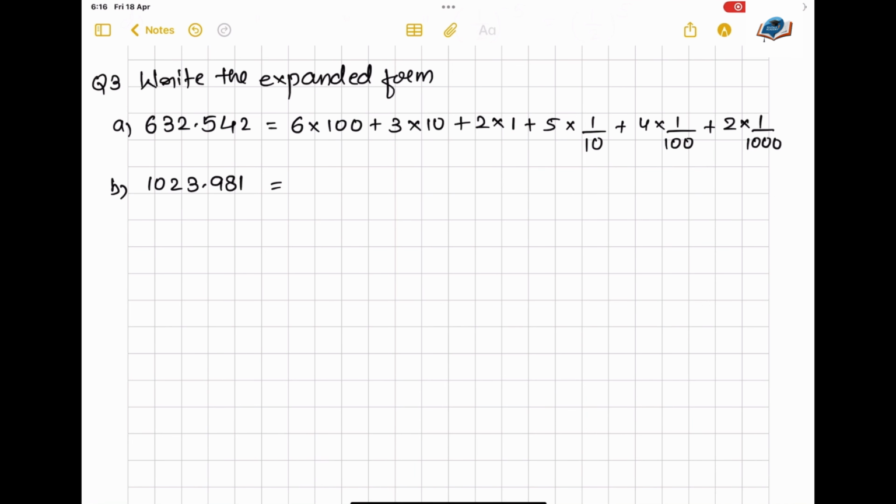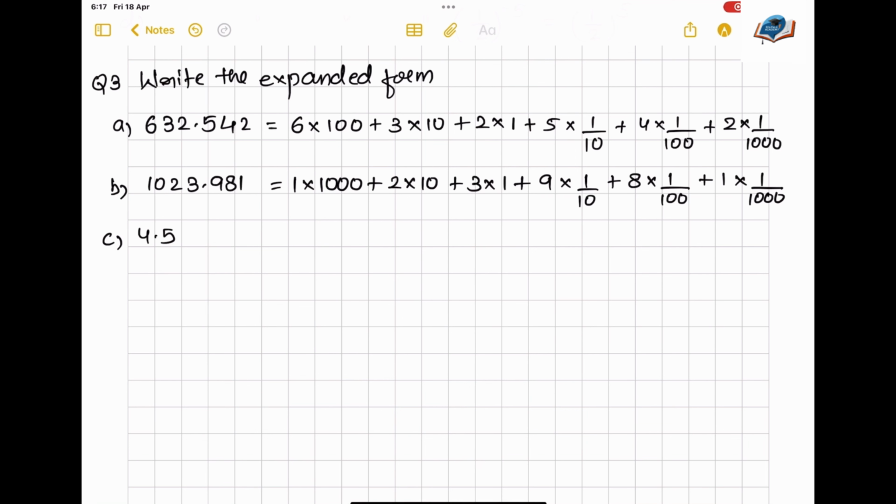Then B is 1023.981, so that will be 1 into 1000 plus 2 into 10 plus 3 into 1 plus 9 into 1 upon 10 plus 8 into 1 upon 100 plus 1 into 1 upon 1000. Then C is 4.569, so that will be 4 into 10 plus 5 into 1 upon 10 plus 6 into 1 upon 100 plus 9 into 1 upon 1000.